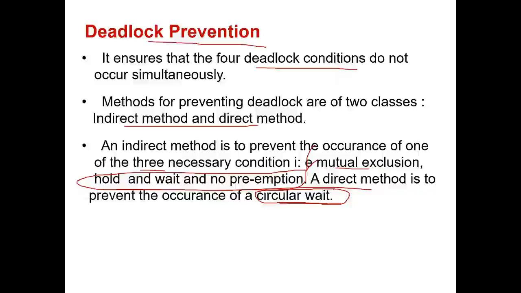These processes and resources wait for each other to release, and then the system enters into the deadlock. So try to avoid circular wait so that the system does not enter into the deadlock.